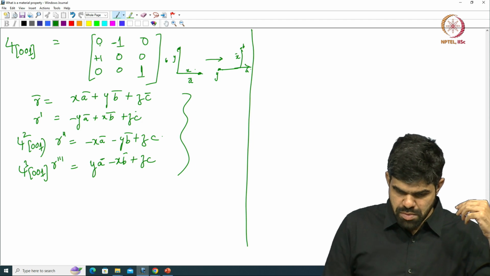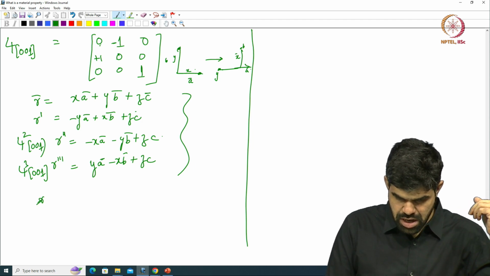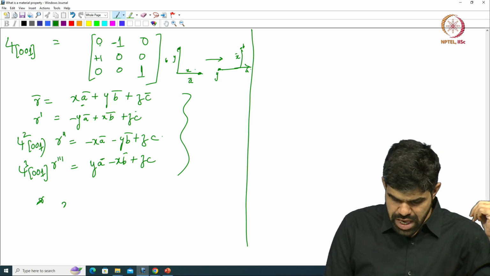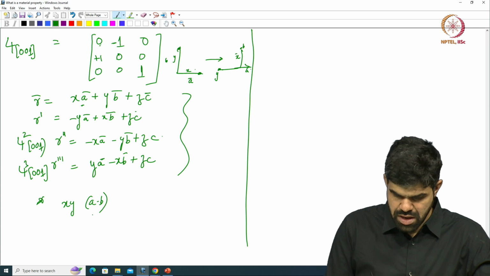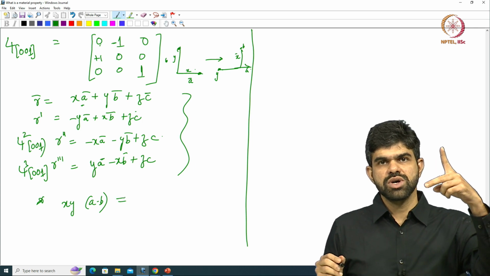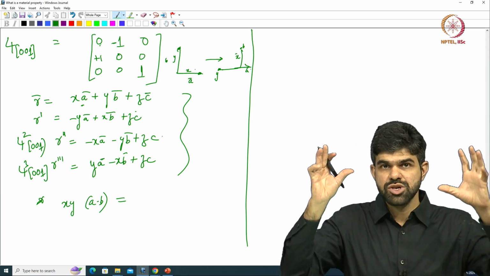which means now I can do my dot product business. So let us say I take the dot product between a and b. So, x y a dot b, right. So, in R should exactly be equal to, because there is symmetry, the environment about these things should exactly be the same.